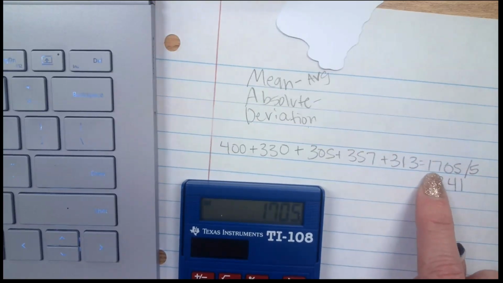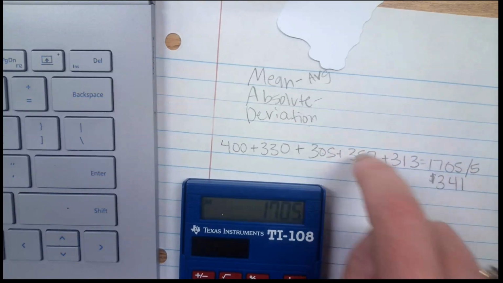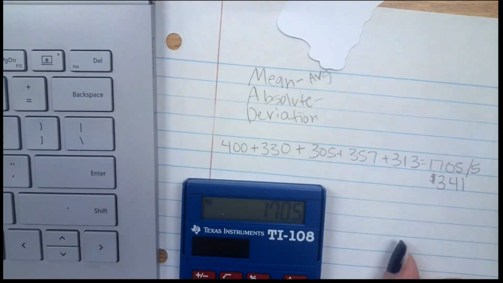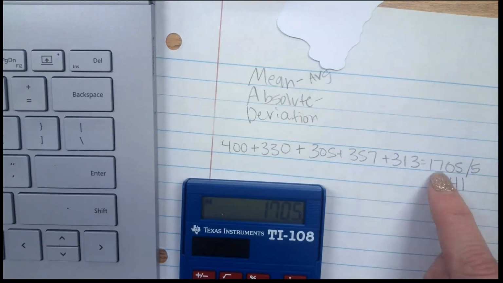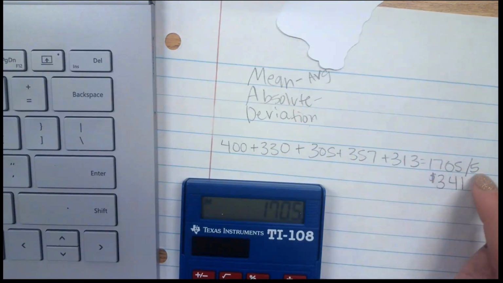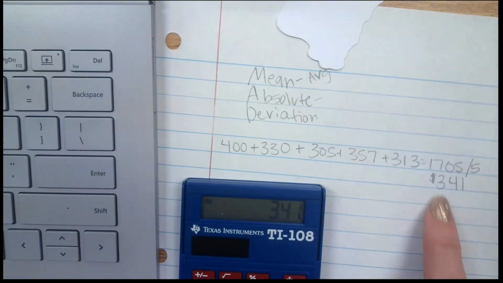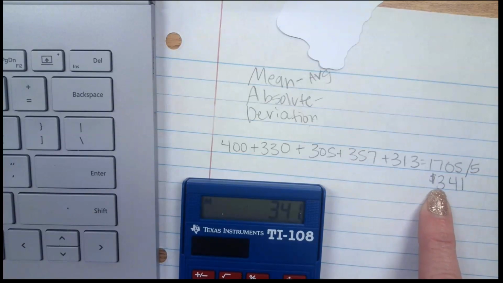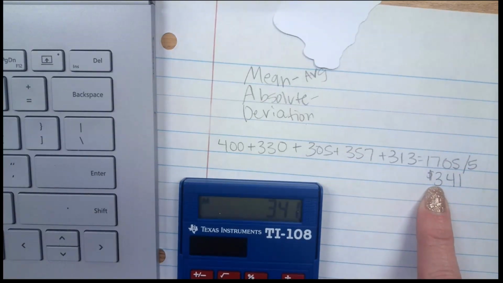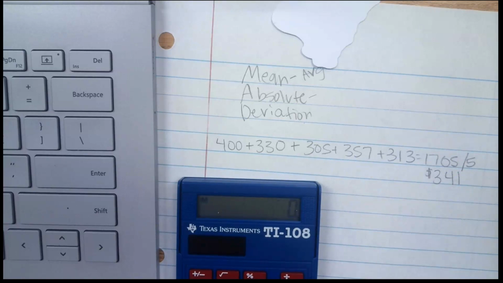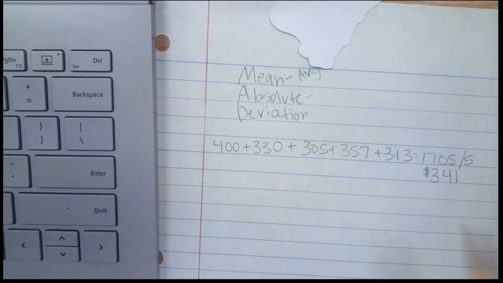So that's how many millions we have to share equally between these 5 movies. So we're going to take 1,705 and divide it 5 ways, and each movie will get $341 million. Not a bad way to spend a day making a movie. So that's our mean. This is the center of our data.